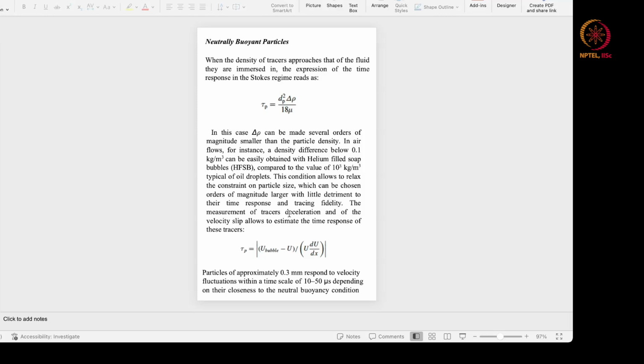The measurement of the tracers' deceleration and the velocity slip now allows us to estimate the time response of these tracers. The particles of approximately 0.3 mm respond to velocity fluctuations within a time scale of 10 to 50 microseconds, because you have reduced the density to almost zero.